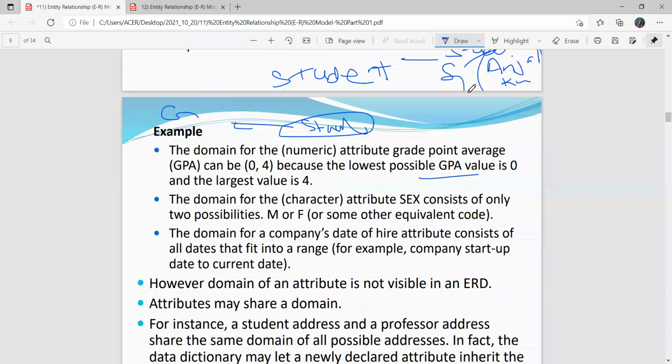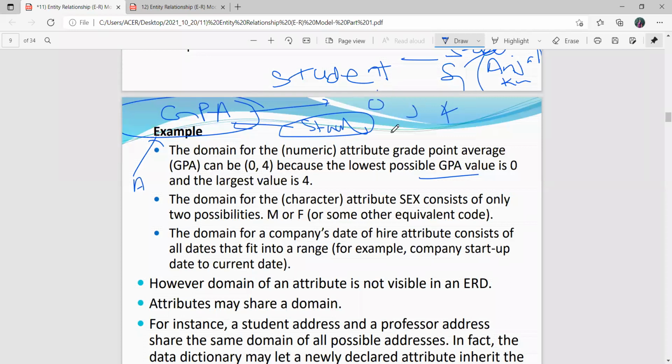Do you have any idea about the GPA? You are from level 1. The GPA is calculated using your subject weights and your results. The domain of the GPA is 0 to 4.